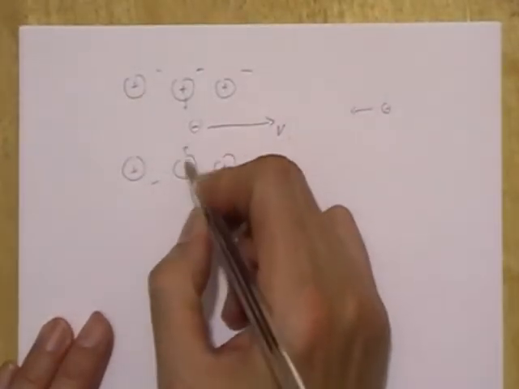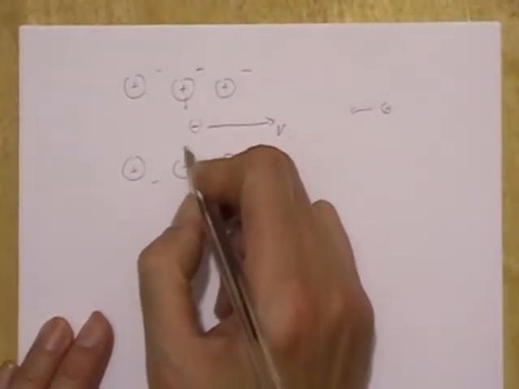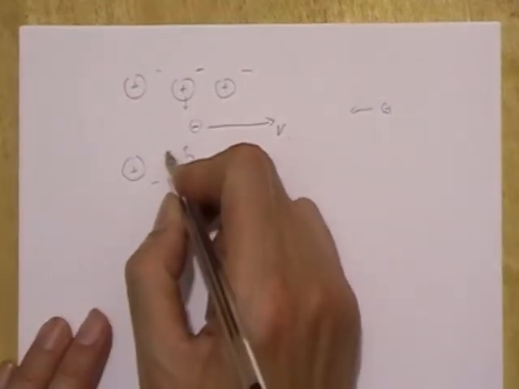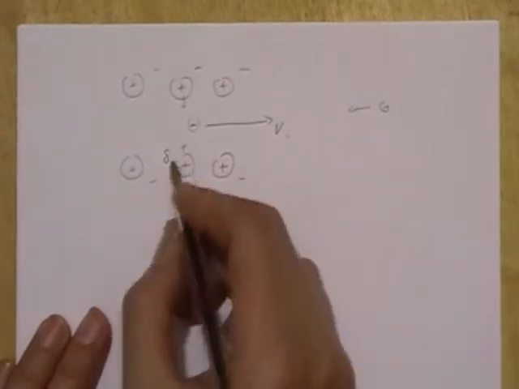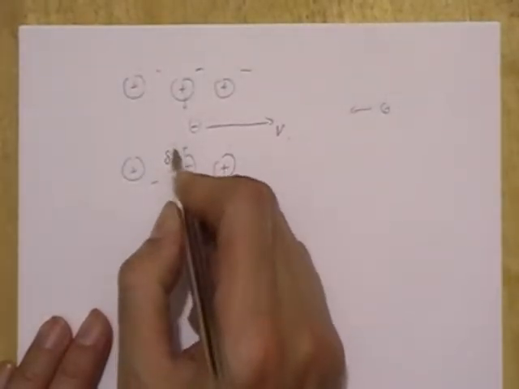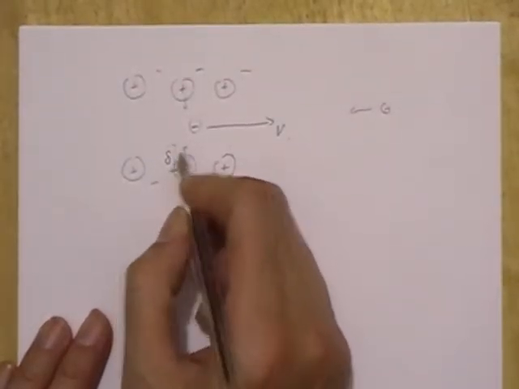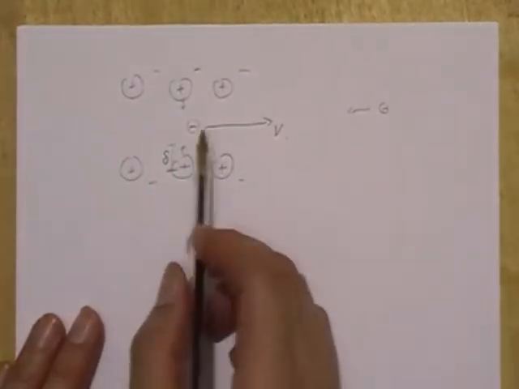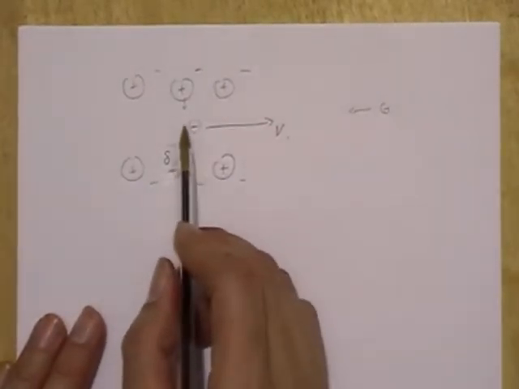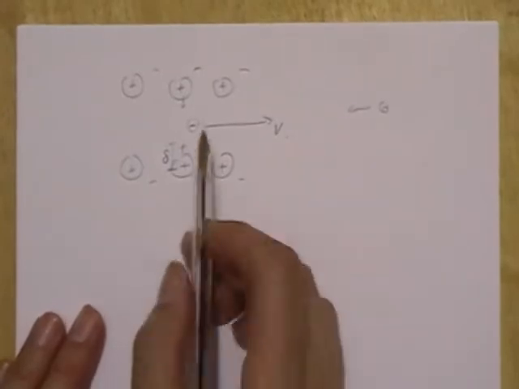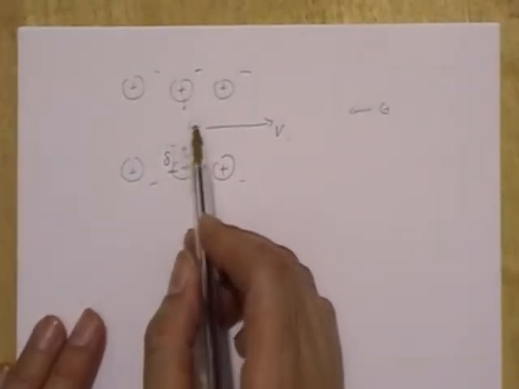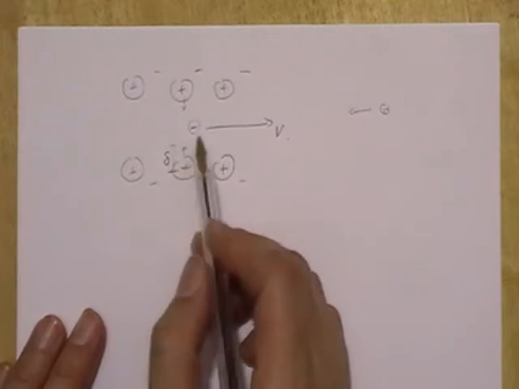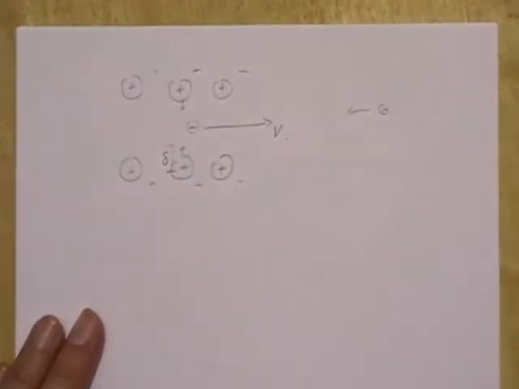Suppose that this ion moves up, or gets displaced by a distance delta. So that would be, say, the distance from here to there, a small distance. And an electron which is around here will experience a change, a positive potential.